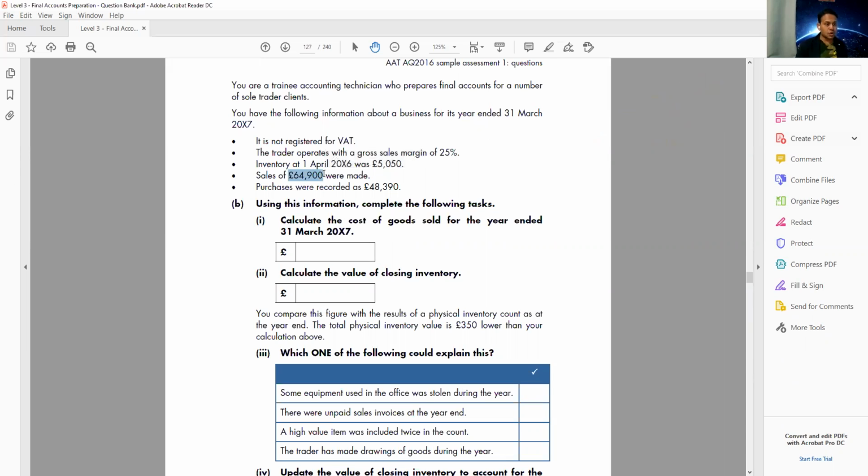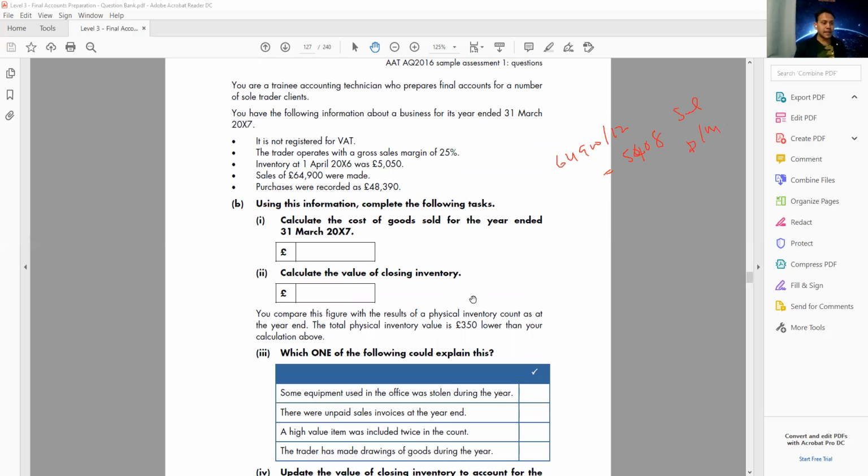If I divide by 12, that is roughly 5,408 pounds. This is my estimated sale per month.